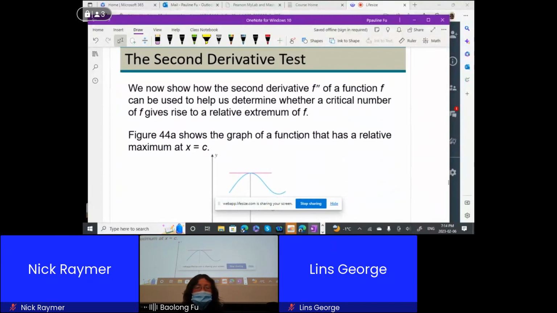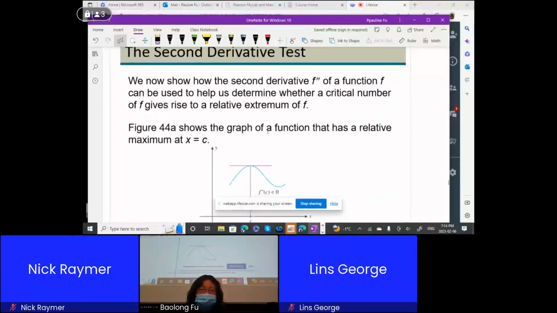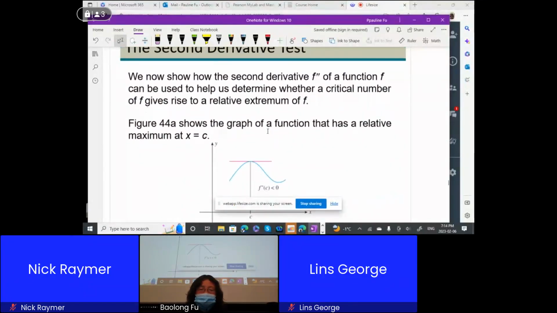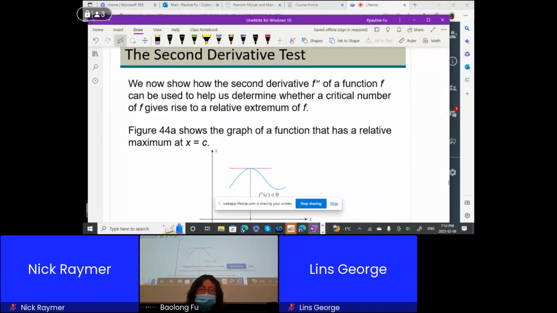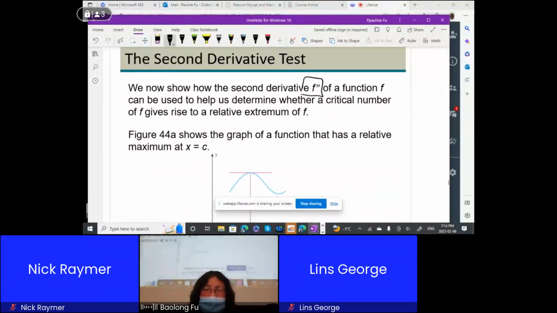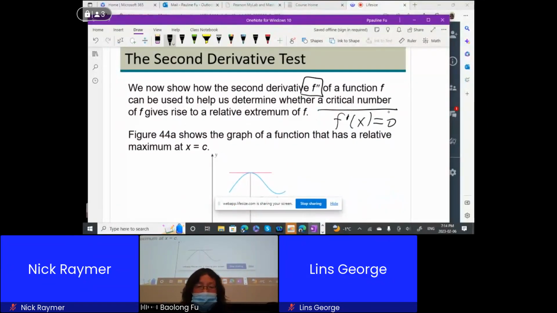A new concept: the second derivative test. This connects the second derivative with a critical number. Remember what a critical number is? When the first derivative equals 0, that x is a critical number.